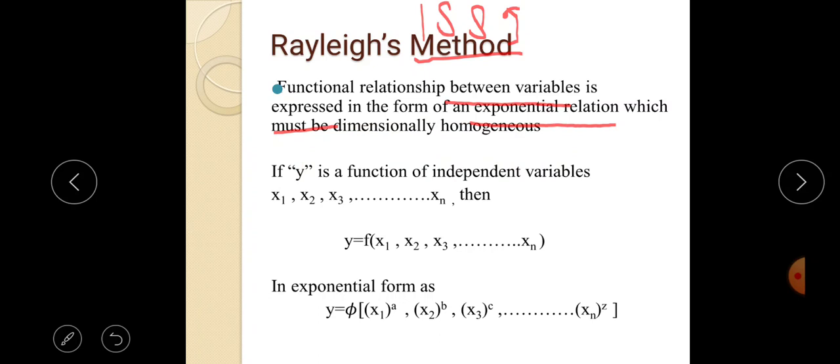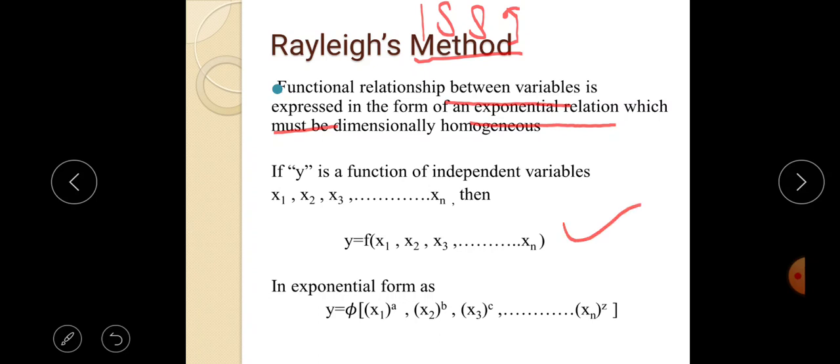Like if y is a function of independent variables x1, x2, x3 and so on xn, suppose y is the dependent variable which depends on independent variables x1, x2, x3 and so on xn. So we can write y as a function of these independent variables, y is equal to function of x1, x2, xn.